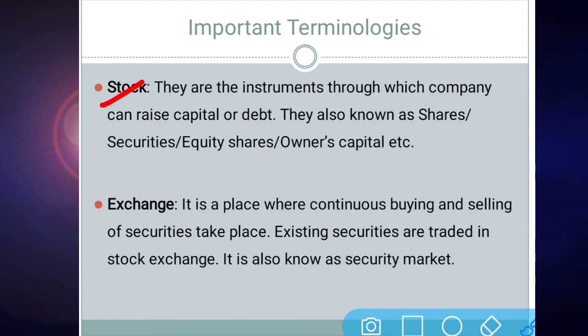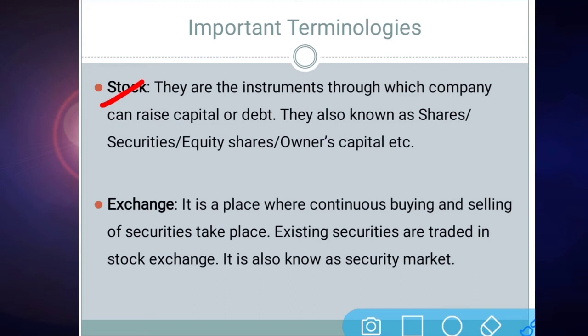In terms of the share market, when we talk about shares, stock and security, it mainly concerns equity shares or owner's capital. But it doesn't mean that it is only related to equity shares. It covers equity shares as well as preference shares and debentures also. But the majority of the time it deals with equity shares, owner's capital.